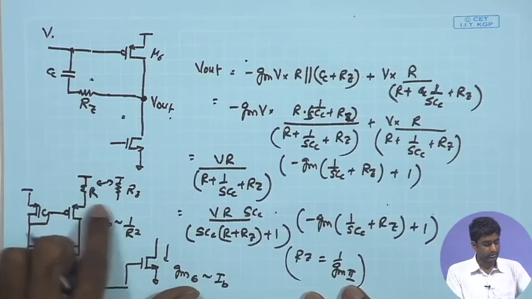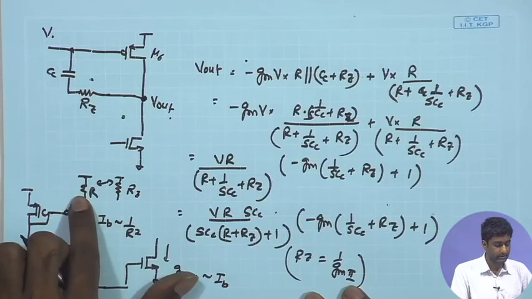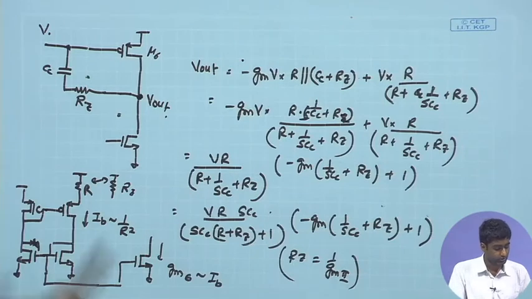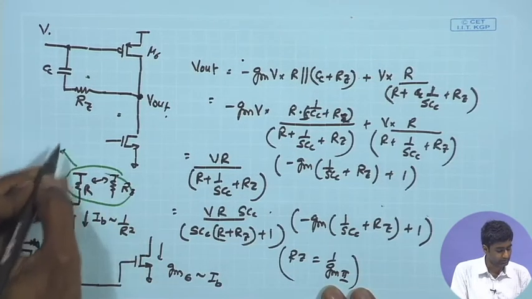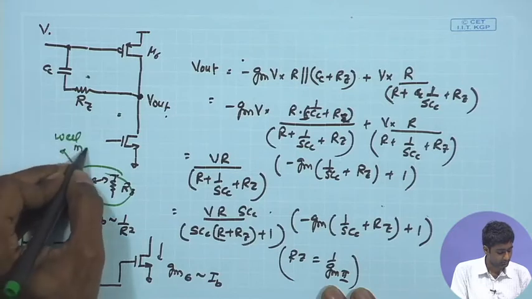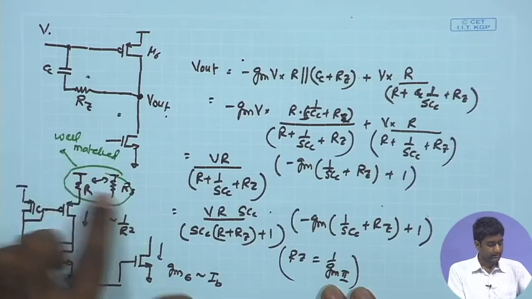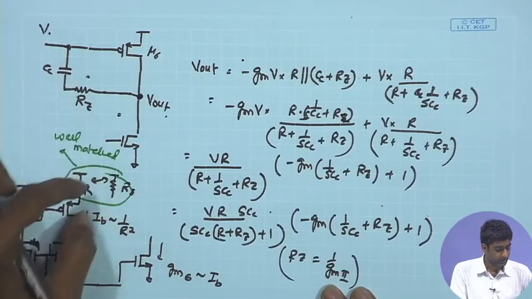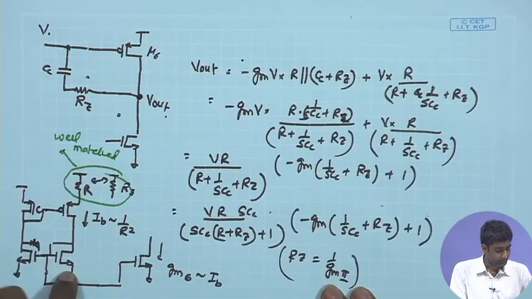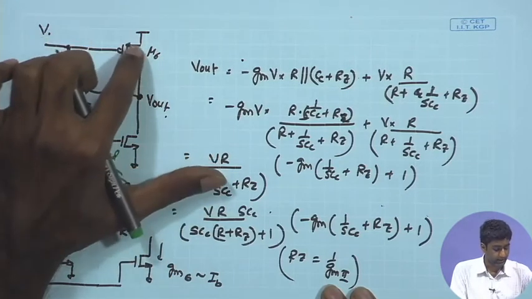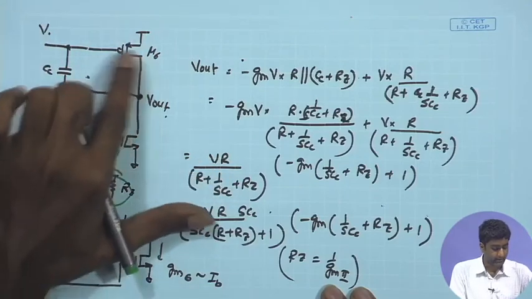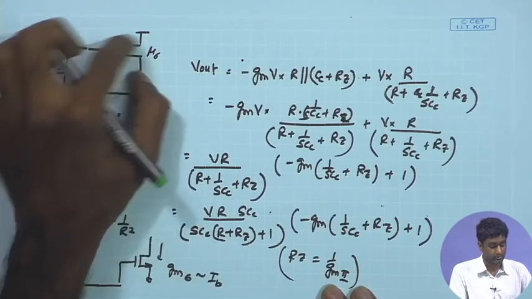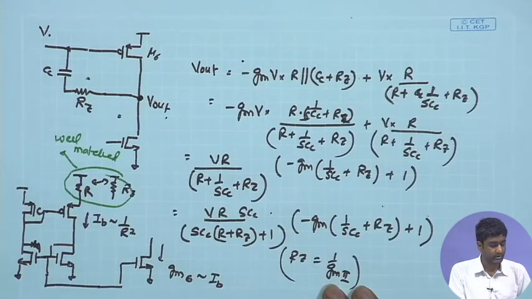And as we have discussed earlier, matching of two passive components is very much feasible in integrated circuits. So, if you are trying to match two R values or two C values which are passive components, they can be very well matched. So, I can have these two resistances well matched. As a result, the RZ that we have in the compensation branch is determining the bias current of the M6, and the M6 GM therefore is proportional to RZ, and by appropriate sizing we can ensure that the matching between RZ and the GM is very well controlled, and it is much less dependent upon process and temperature.